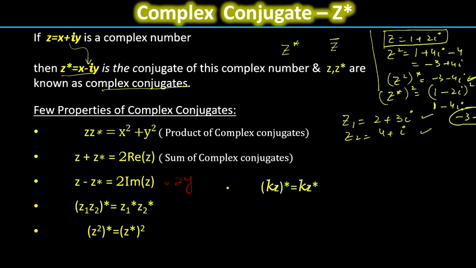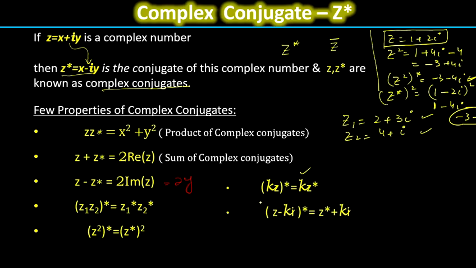Similarly, if you multiply a complex number by a real number, twice the complex number, thrice the complex number, and then find the conjugate, or if you first take the conjugate of that complex number and then multiply with any real number, you get the same result, where k is a real number. And one more property.